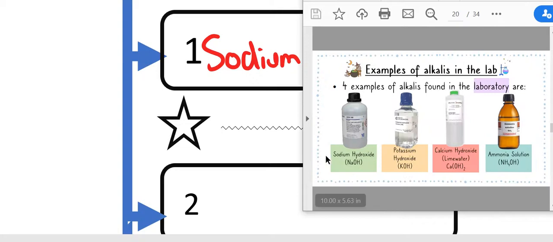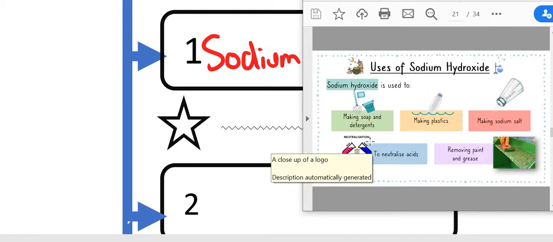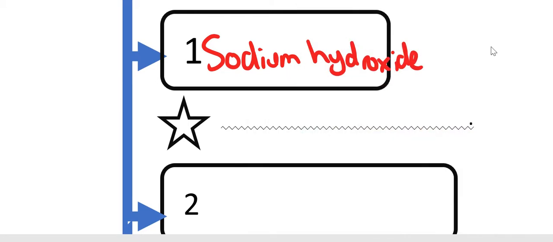So here are our common alkali, like sodium hydroxide. And some of the uses is to make soaps and detergents, making sodium salt to neutralize acids and to remove paint and grease.